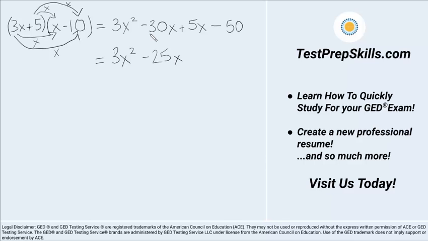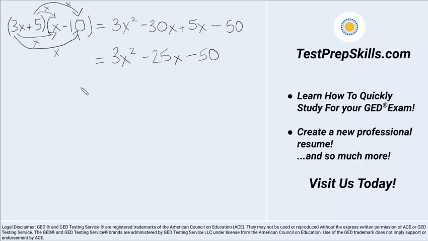All we're doing is adding the number element, the negative 30 and the positive 5. That gives us negative 25, and our variable, our x, just stays the same. We've dealt with the first three terms. All we have left now is the fourth term. We have nothing left to group it with, so we just copy it, minus 50.